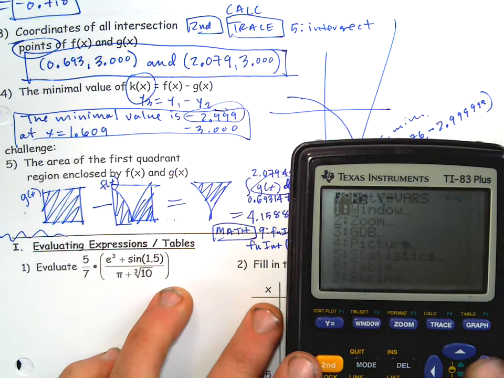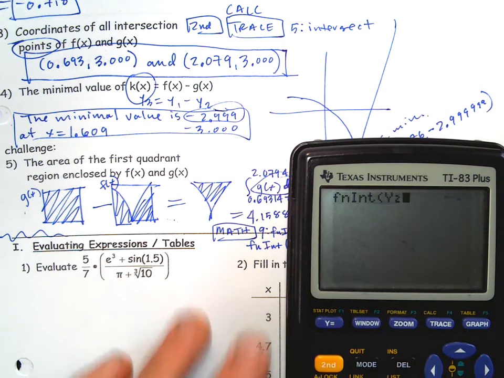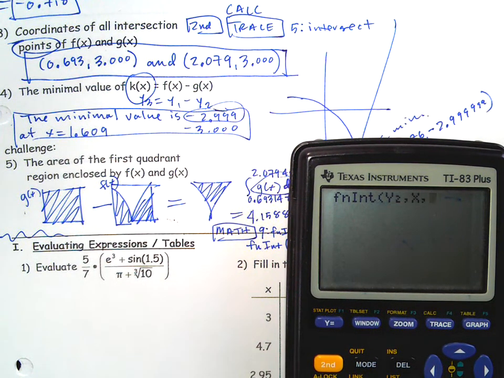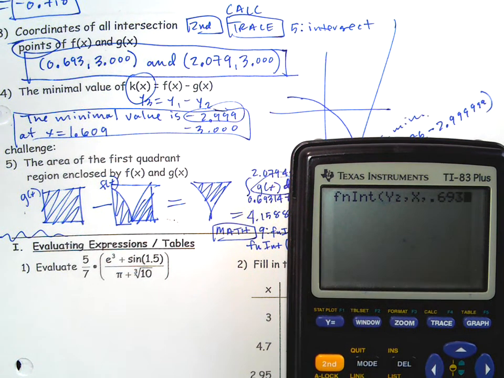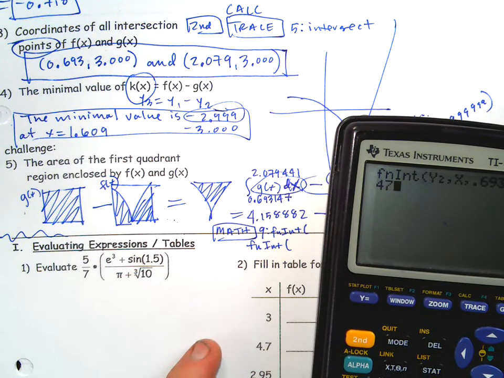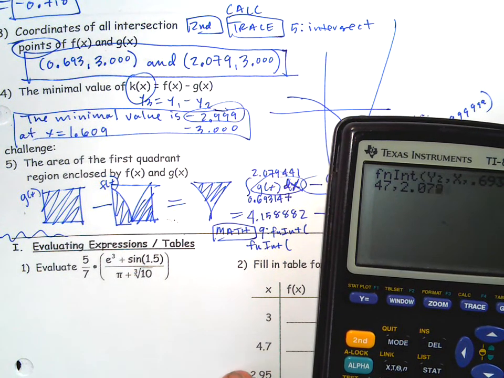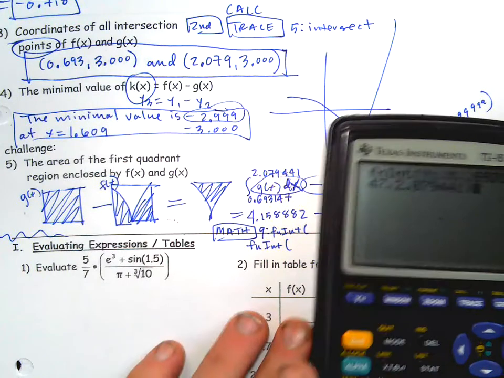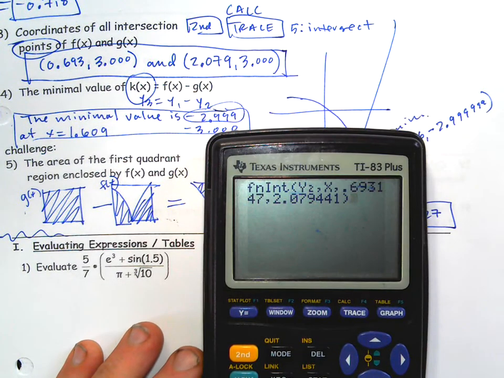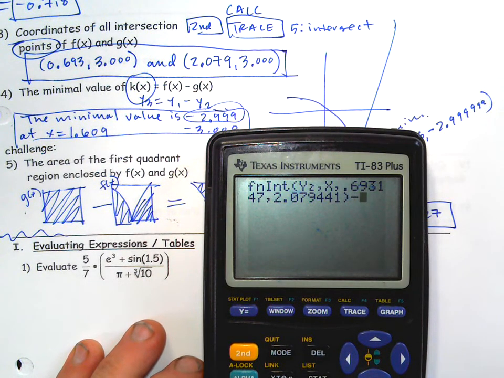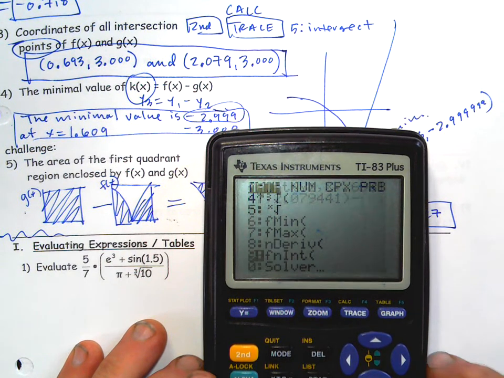So we could do vars, Y-vars, function, Y2 is the first one, comma x, comma 0.693147, comma 2.079441. So we could do that, and then minus math 9 and do the other one.